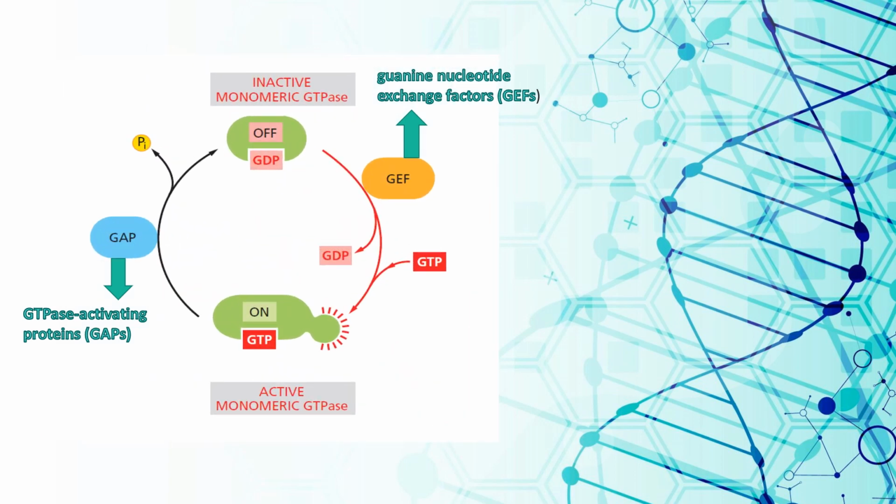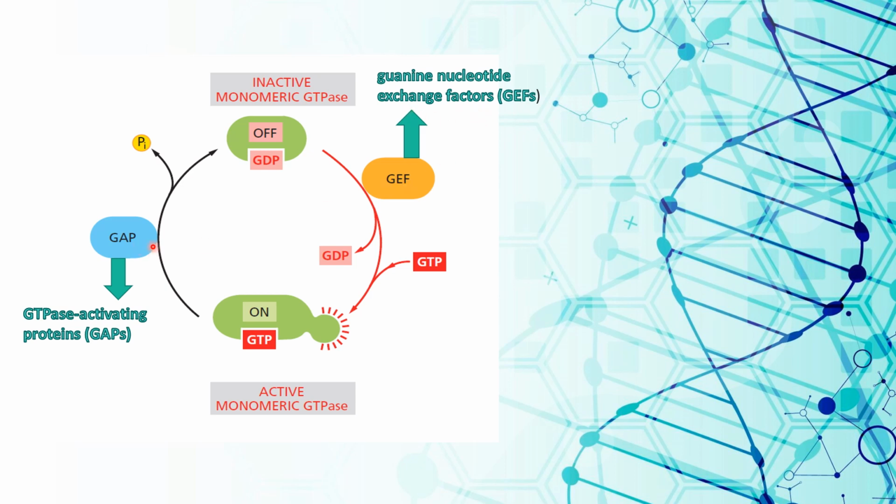We may see here, have a look. We talked about how if this is GTP bound, that means it is active. So you see this mark shows that the protein is now active. This is an active monomeric GTPase. Now we have certain regulatory proteins. We have GAPs, the GTPase activating proteins, and we have the guanine nucleotide exchange factors.